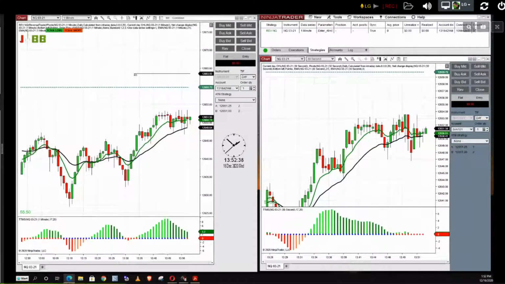So I'm trading 2 contracts on the reversal. I'm risking about $100 per contract. And if I don't get a good looking move, then I may not take a trade.